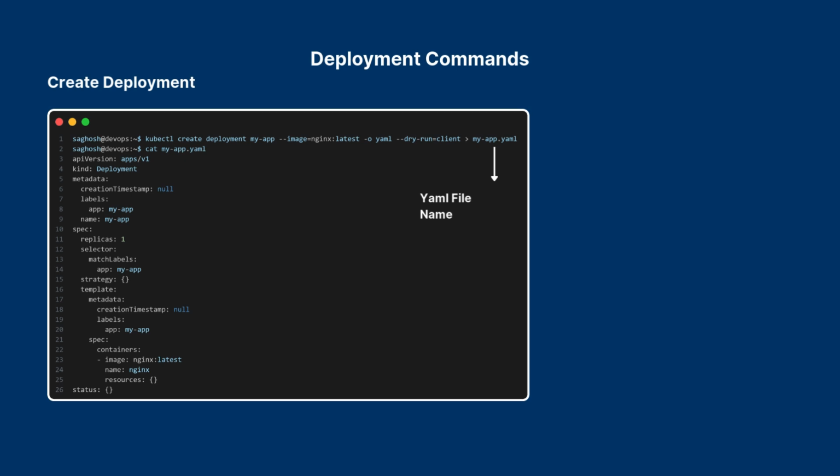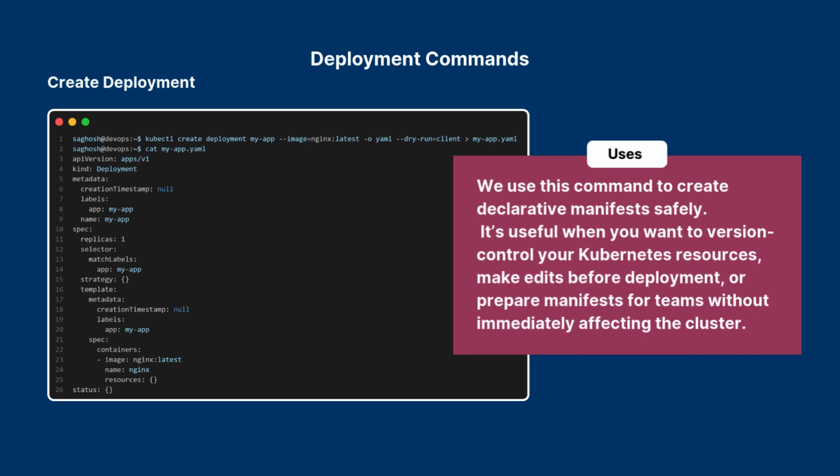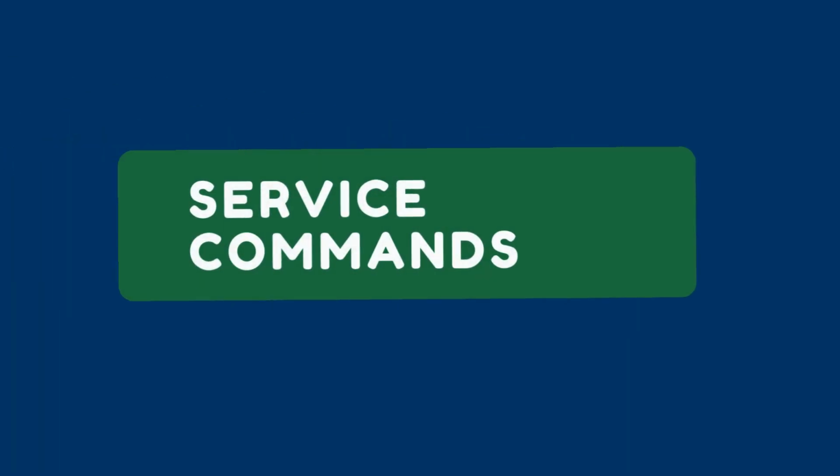So you now have a YAML file that can be reviewed, modified, and later applied to the cluster. We use this command to create a declarative manifest safely. It's useful when you want to version control your Kubernetes resource, make edits before deployment, or prepare manifests for teams without affecting the cluster. Next, we are moving on to services commands.